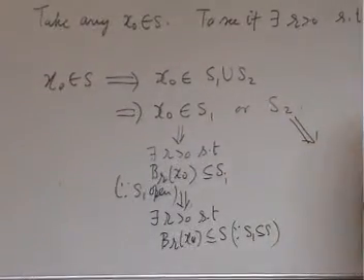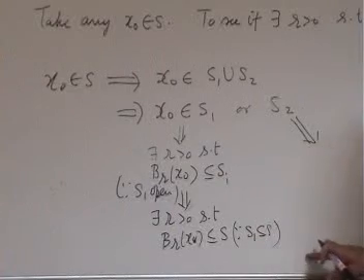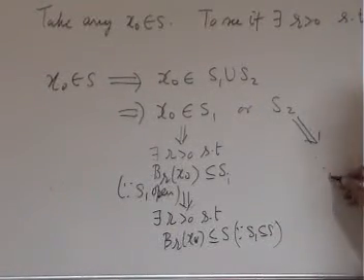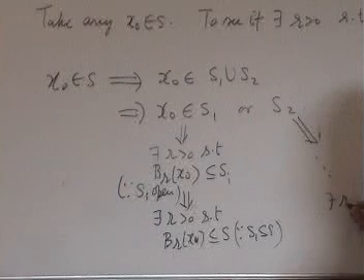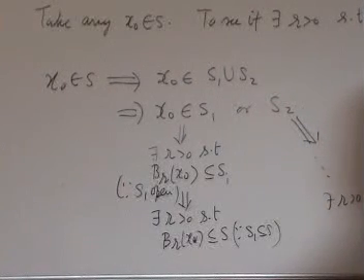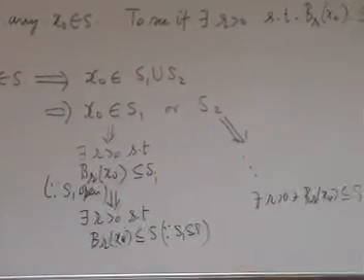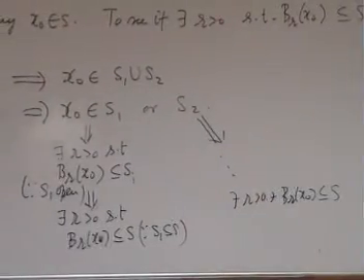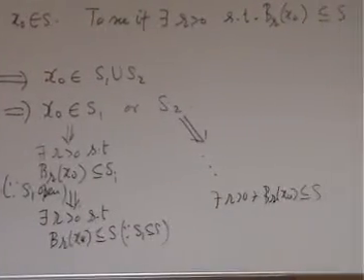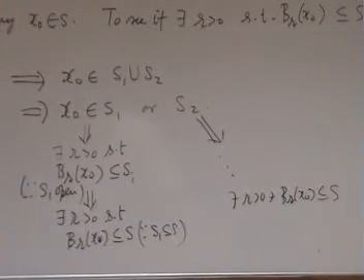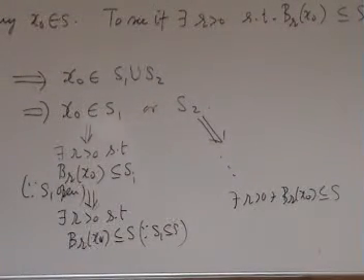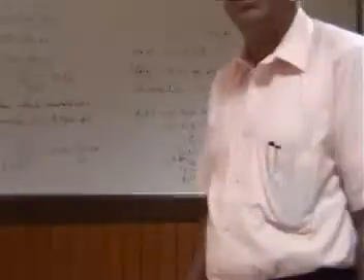All the S1s will become S2s, but S2 is also a part of S, so the same argument will carry through. So in any case, you can always find a ball around x naught which belongs to S.